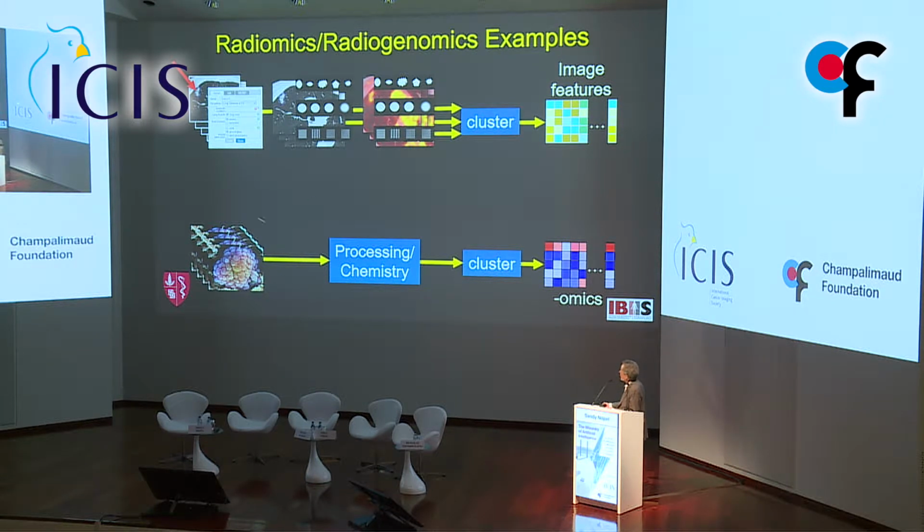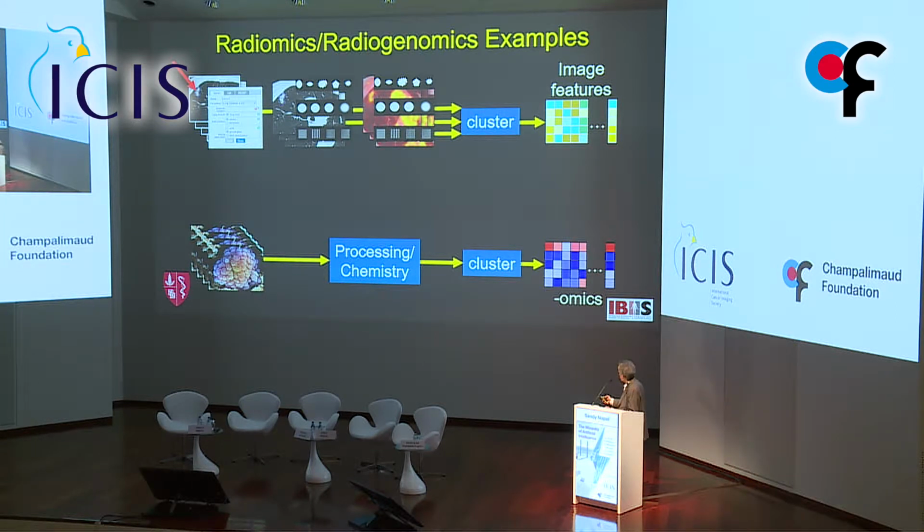You might also have excised tumors that have come out following the imaging exam. They can be processed, and all sorts of chemical assays, including genomics and all of the omics that can be done from tissue, go into a similar clustering pipeline, winding up with columns of patients and rows of features from the omics analysis.